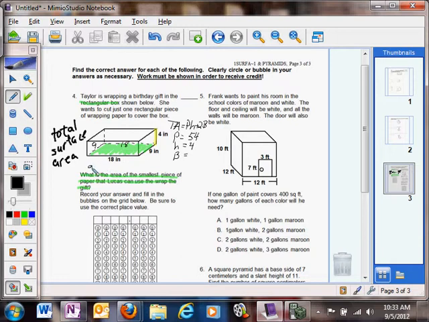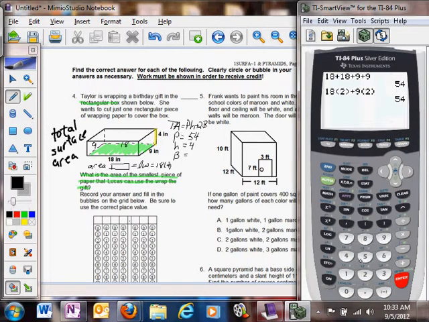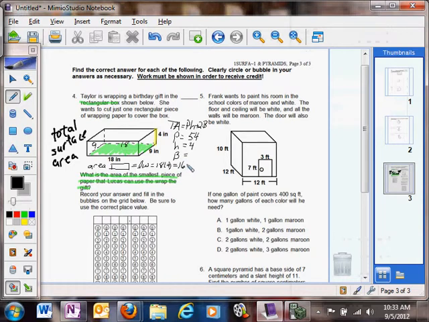So area of a rectangle is length times width, which will be in this case 18 times 9, which is 162. So big B is 162.